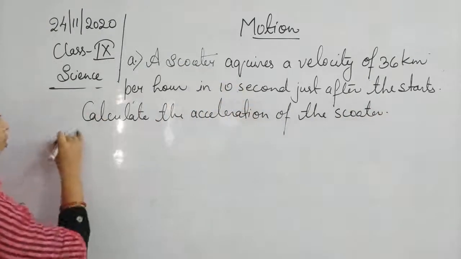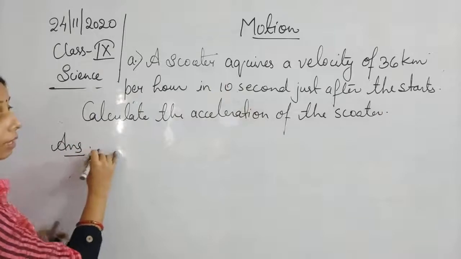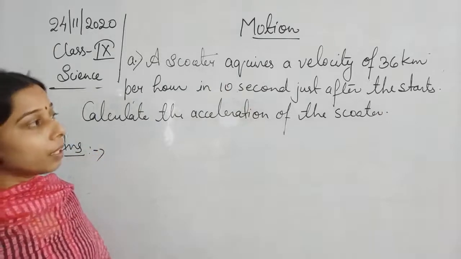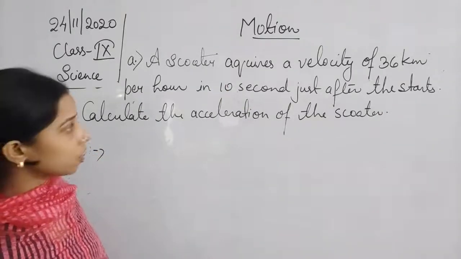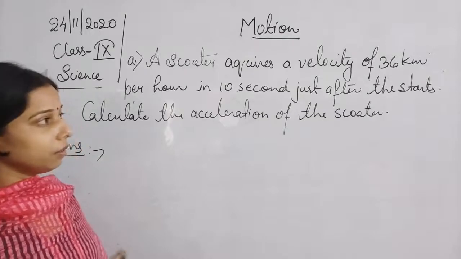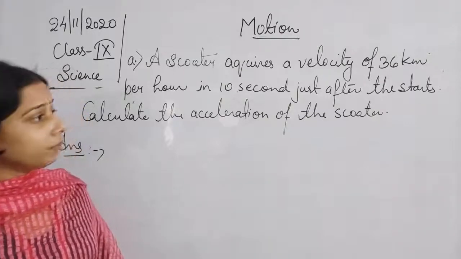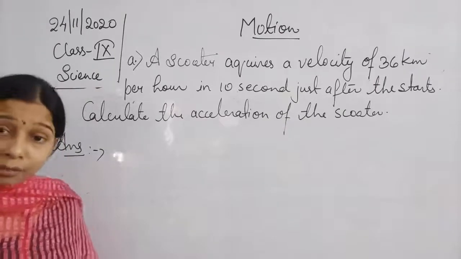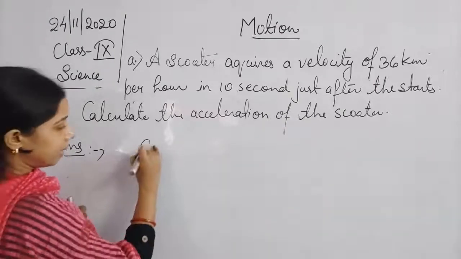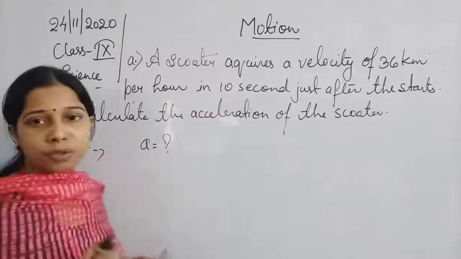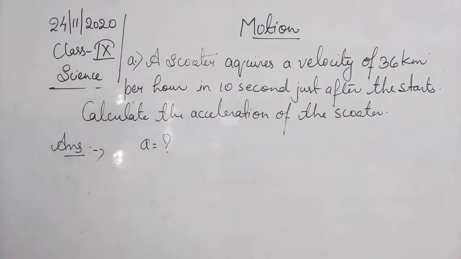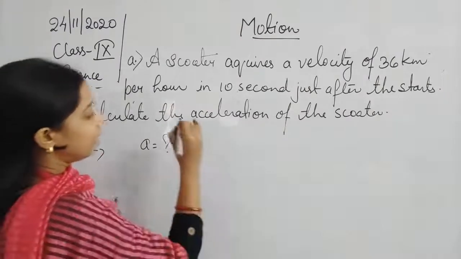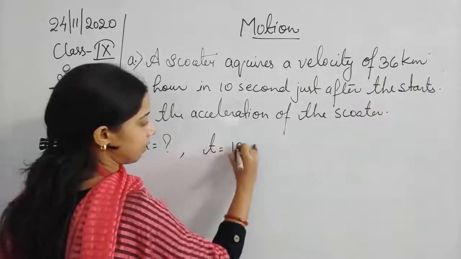Now, first of all, we have to understand that it acquired a velocity of 36 km per hour in 10 seconds just after the start, and we have to find the acceleration. So acceleration is what we do not know. What is given here is time, that is 10 seconds.